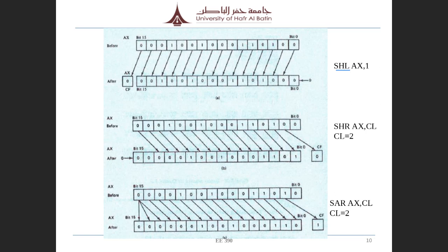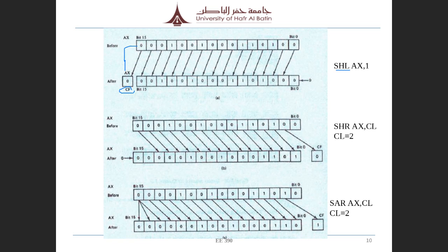That means every bit of AX will be shifted left by 1 bit. This 0 will come here, this 0 will come here, everything is shifted by 1 bit. This bit will go to the carry flag.